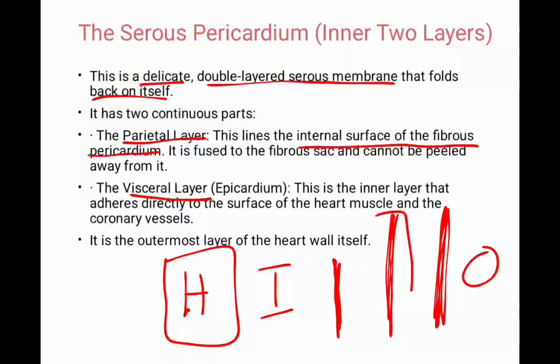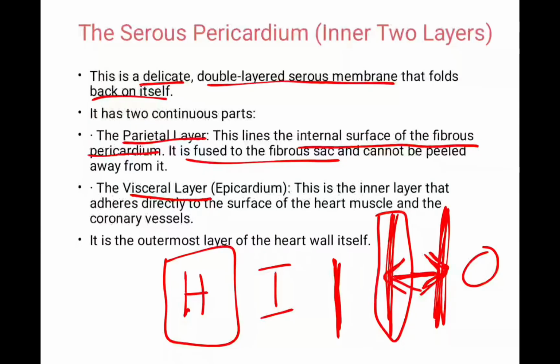The parietal layer is lining the inner aspect of the fibrous pericardium. Do you understand? It's fused to the fibrous sac and cannot be peeled away from it. They are fused.